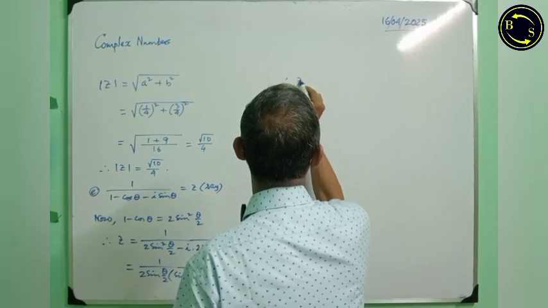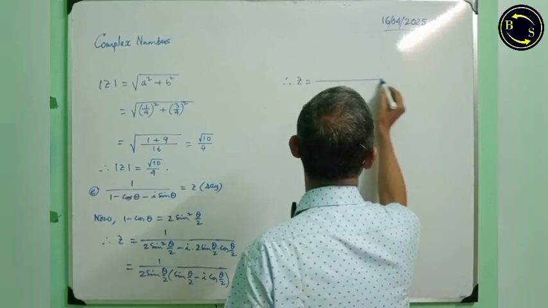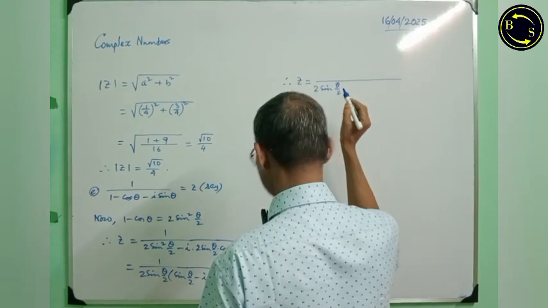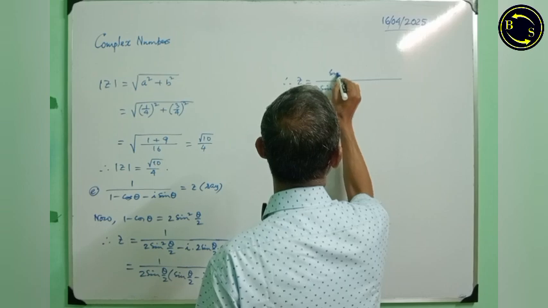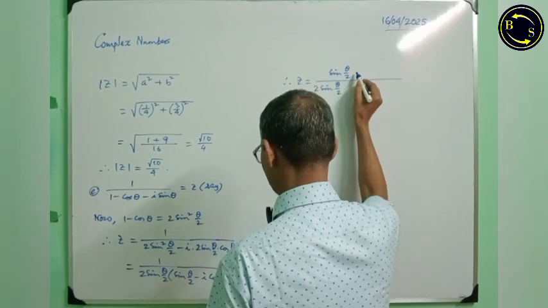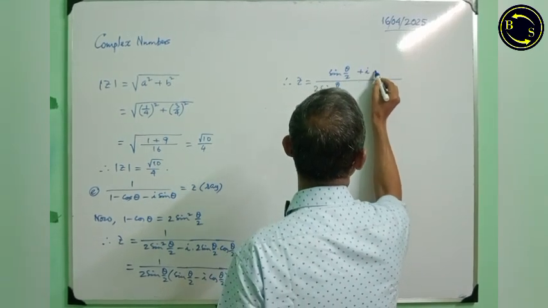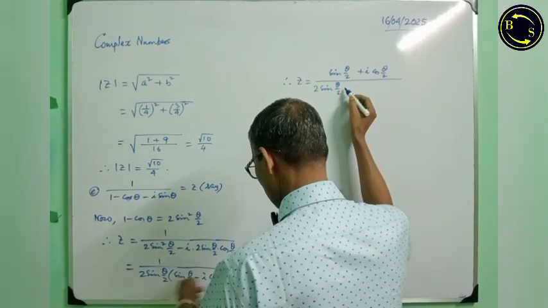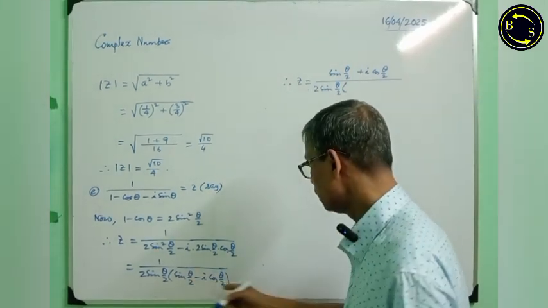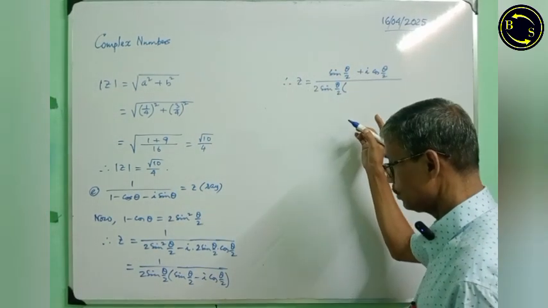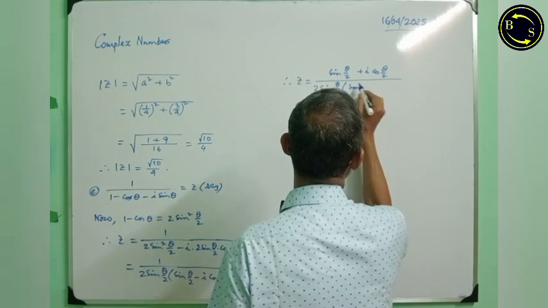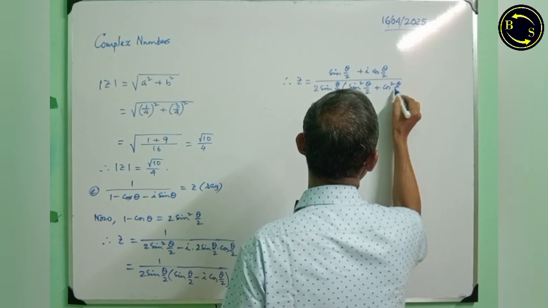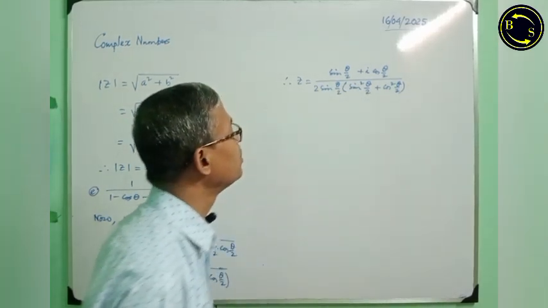Therefore, z equals 2 sin theta by 2 times sin theta by 2 plus i cos theta by 2 over, if we multiply this by sin theta by 2 plus i cos theta by 2, it will be finally sin square theta by 2 plus cos square theta by 2, which means 1.